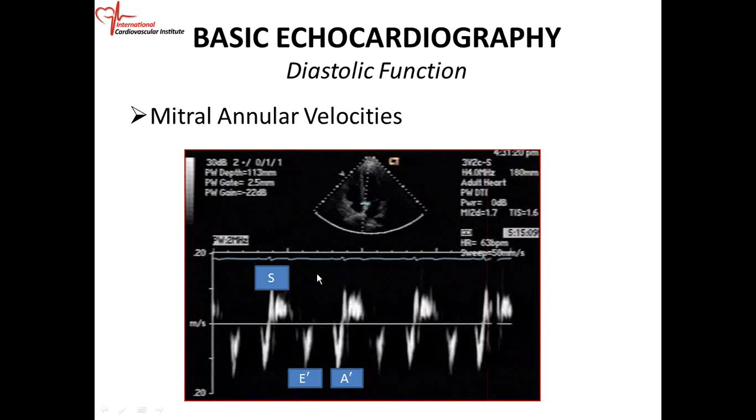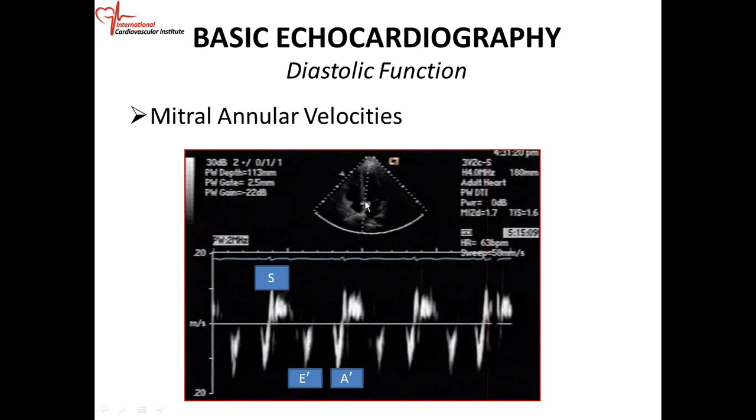Let's analyze it again. In systole, the annulus moves upward, towards the cursor, so you get an S prime, because the tissue moves upwards. Remember, with Doppler, if the movement is towards the transducer, it's going to be above the baseline.